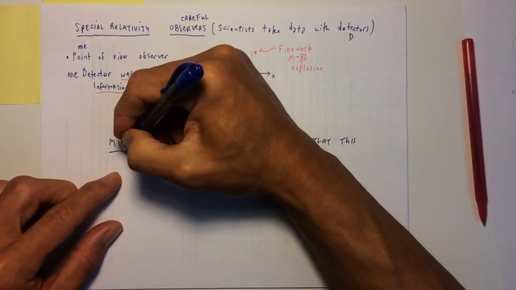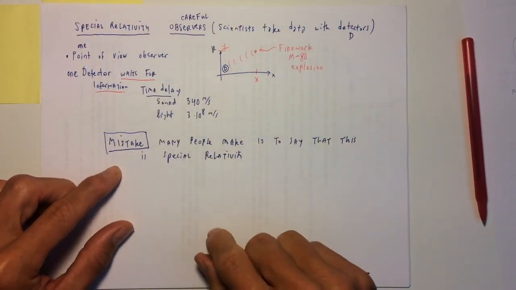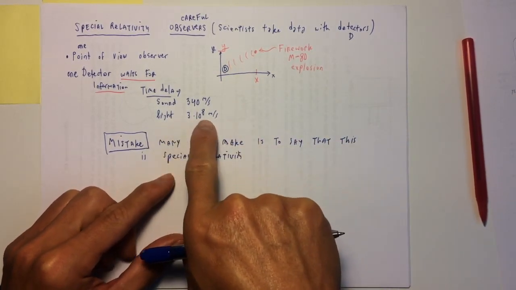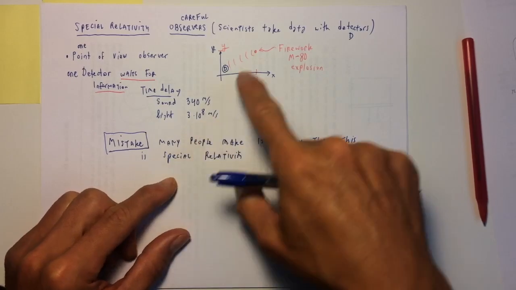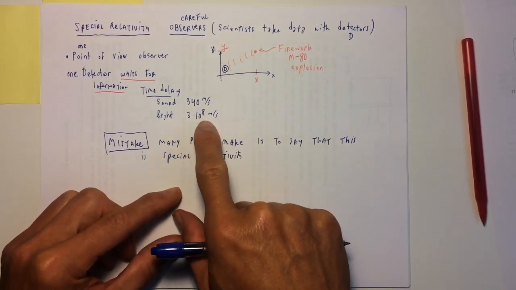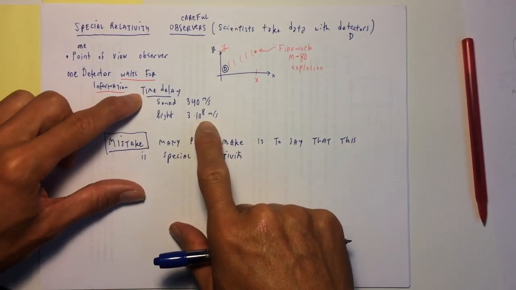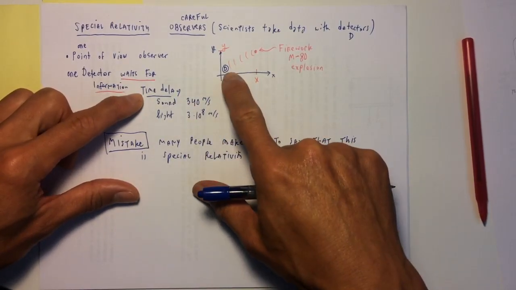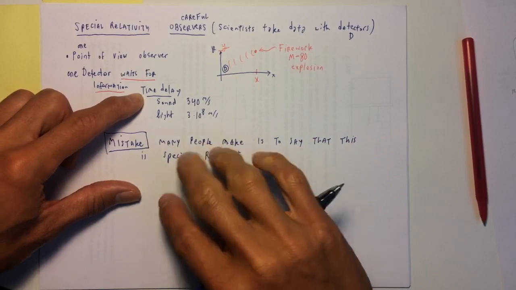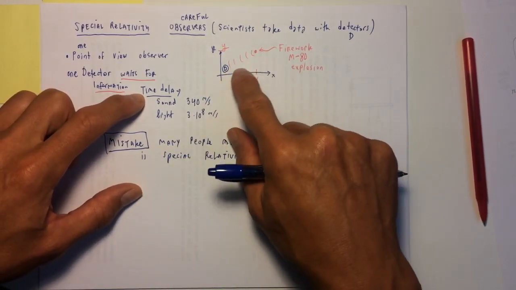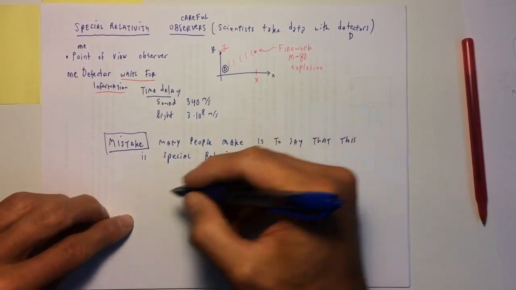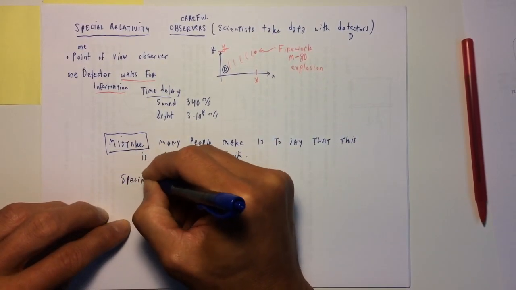This is a mistake, this is not correct. They say that special relativity is because signals can't travel any faster than the speed of light, so there's always a time delay. There's always a detector needs to wait, and that's actually absolutely true, but that's not what special relativity is. Special relativity is more interesting than that.